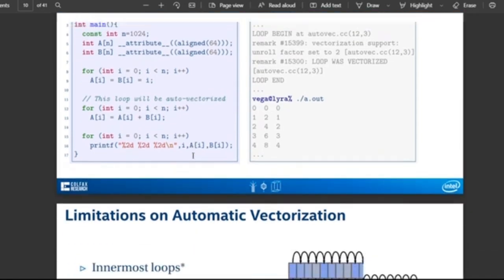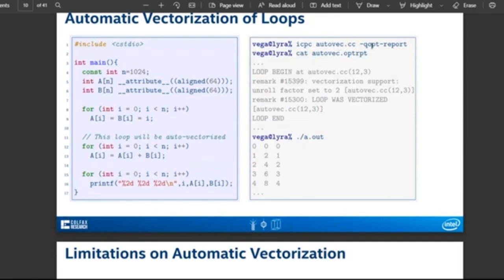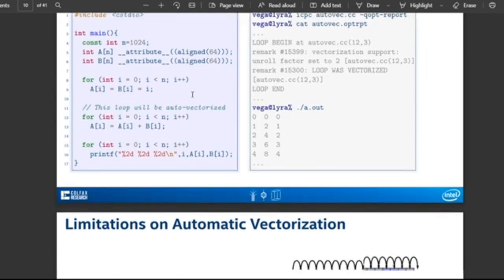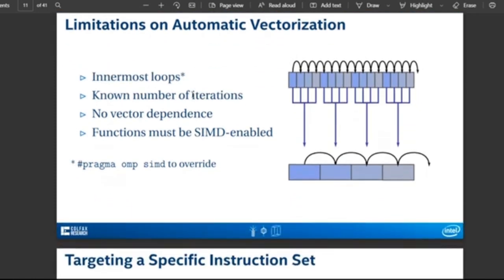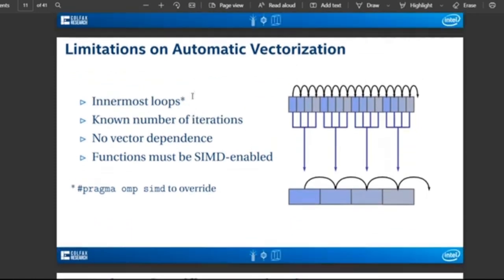That's a really good thing to run, and you can then look at that output and see for yourself if it's been vectorized. There are limitations to automatic vectorization.